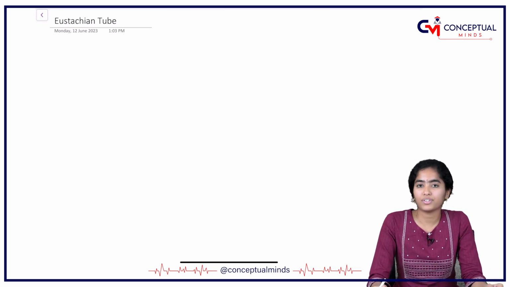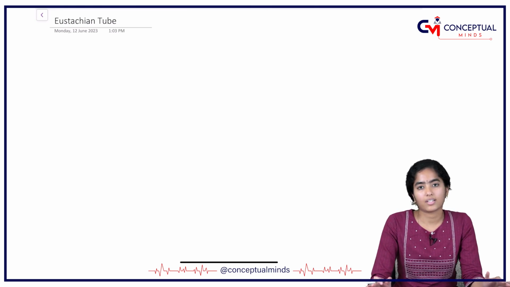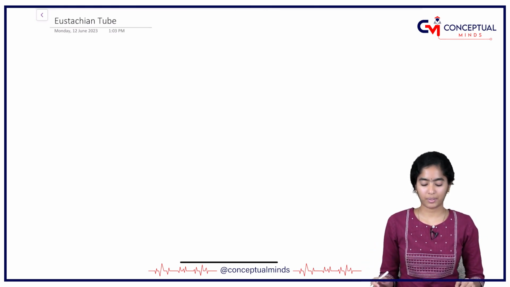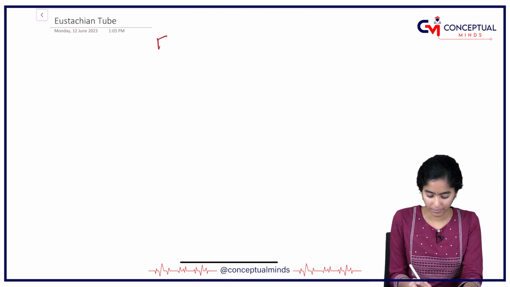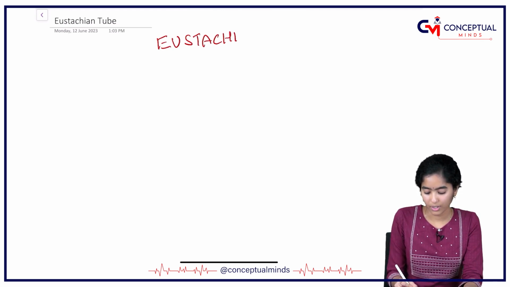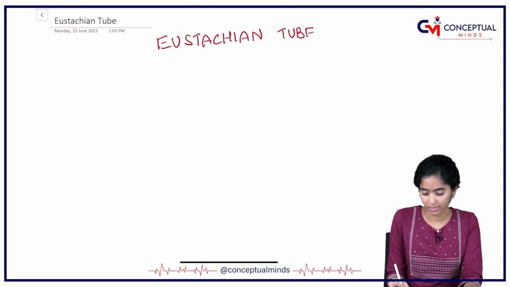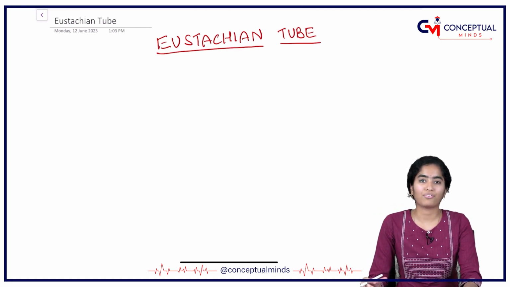So let us learn everything in detail about the Eustachian tube, its anatomy, its functions, its disorders and its functional tests. Let us begin by learning the anatomy. The other names for the Eustachian tube are auditory tube and pharyngotympanic tube.